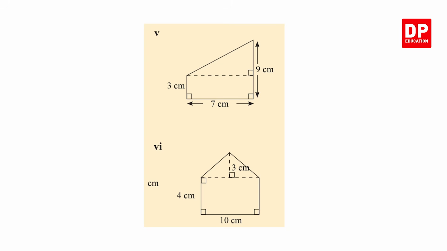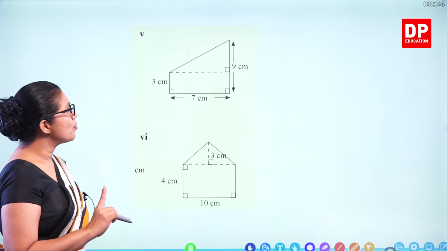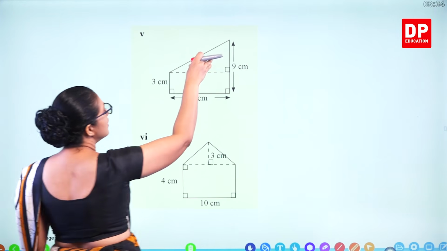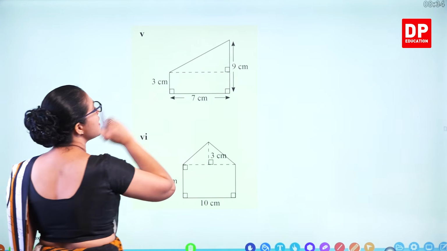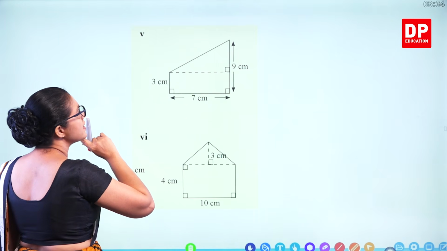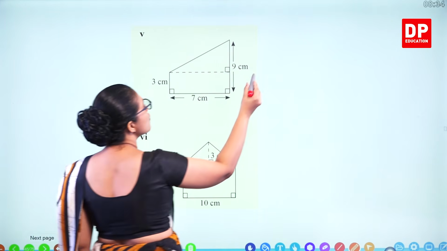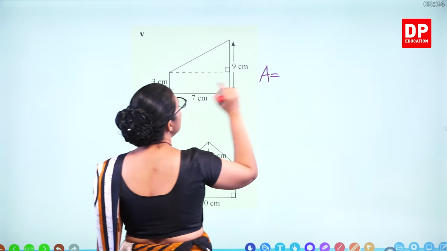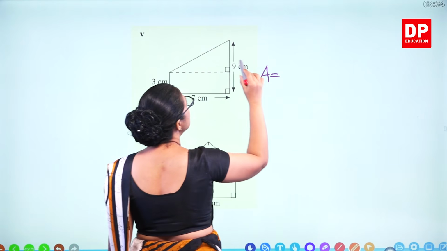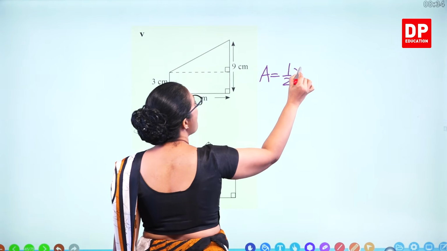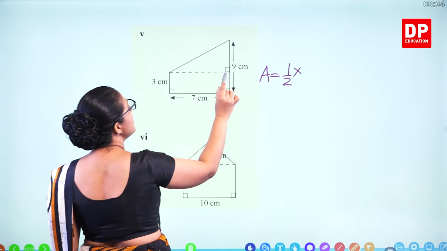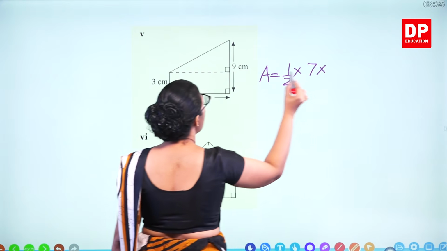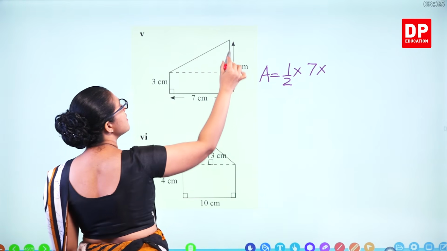This is a trapezium, or you can take area of the triangle plus area of the rectangle. So we'll use that. Area of the triangle. Half into base. Base is 7. And what's the height here? This is 3. This is 9.